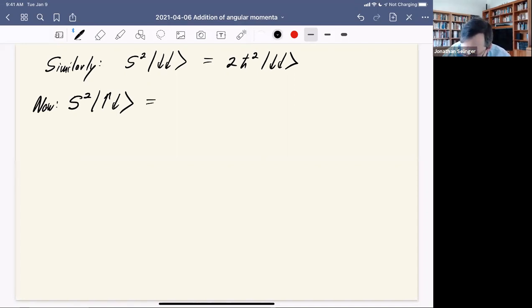So once again, we can write it out, 5 separate operators.